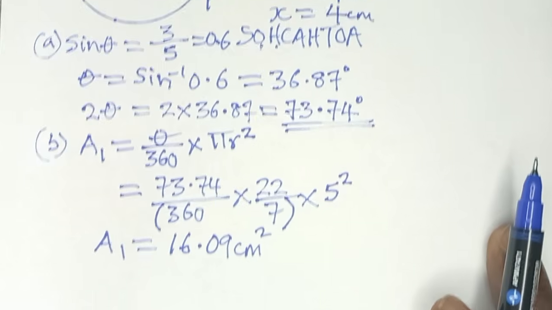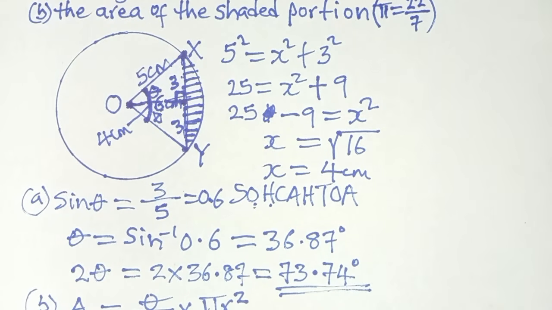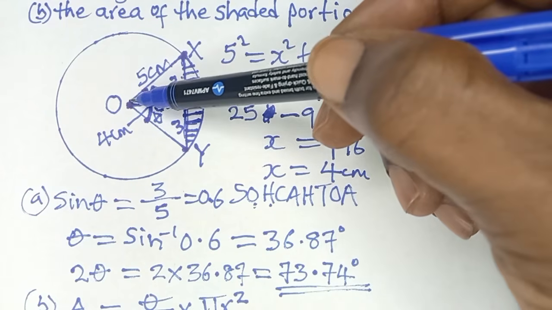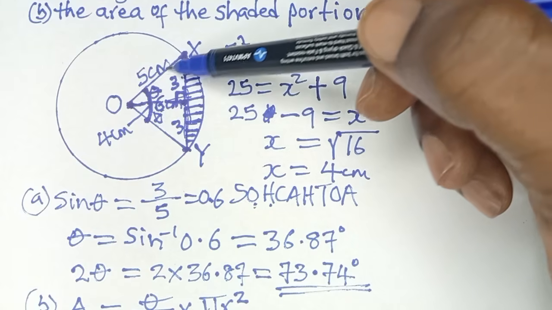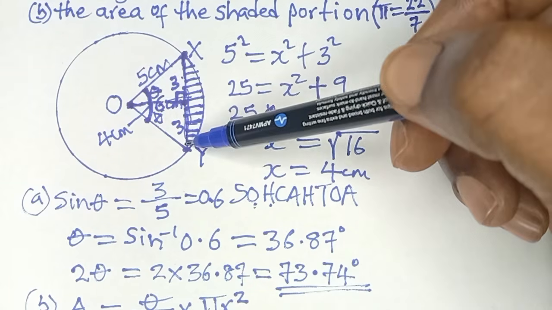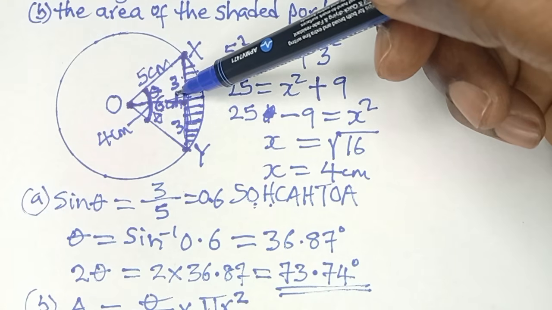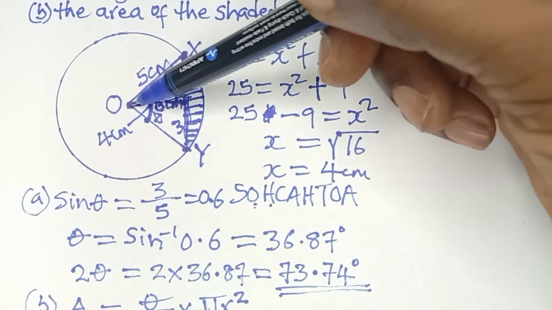Now that we have obtained the area of the sector, let's look for the area of this triangle. We can also call it triangle OXY. In this triangle, we know that this is a perpendicular part, so that means this is the height of the triangle.